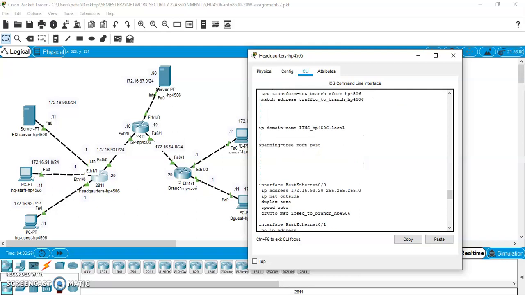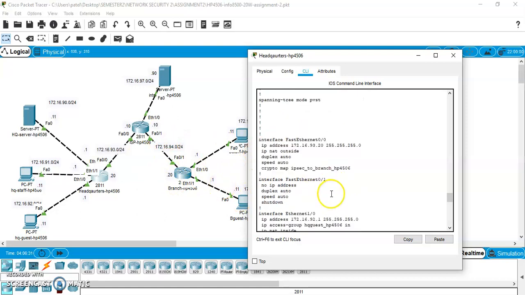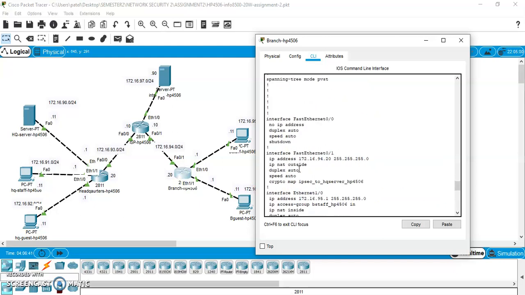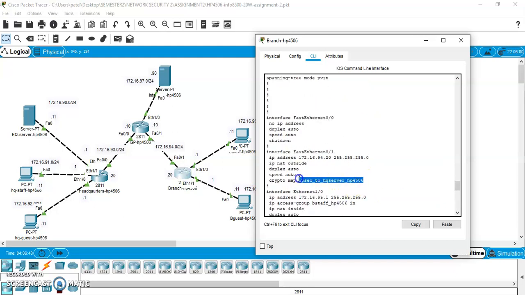But the most important thing is the crypto map was applied on the outside interface of the routers, as you can see here, on the outside interface of my headquarters side as well as the outside interface of my branch side.